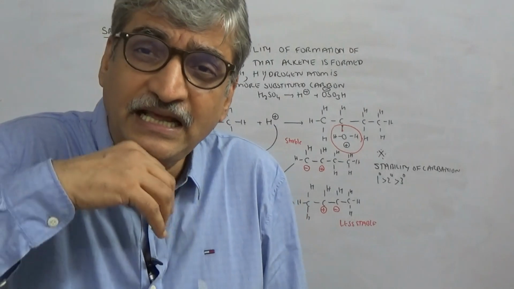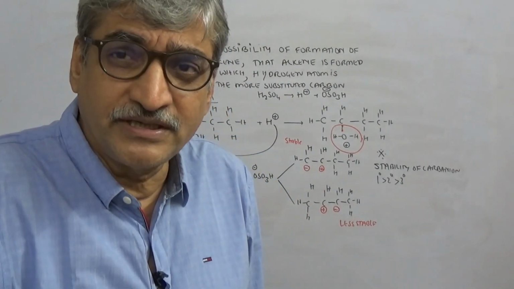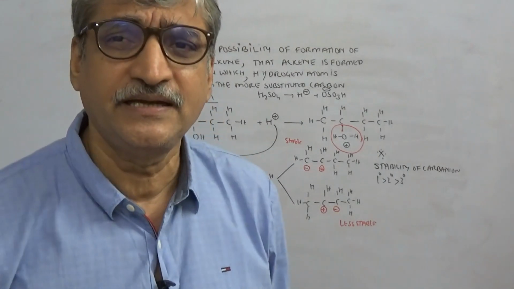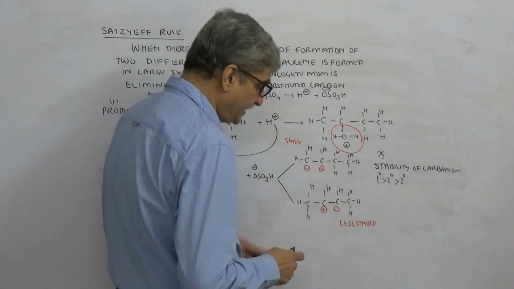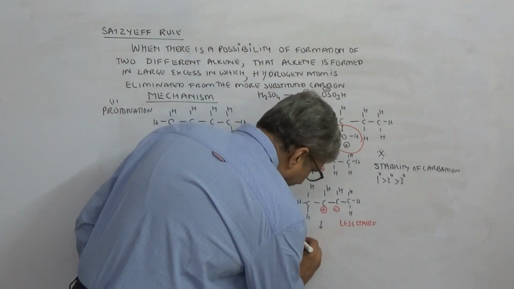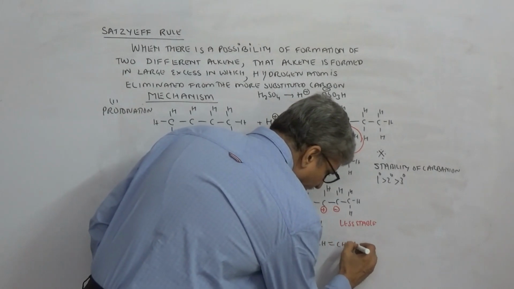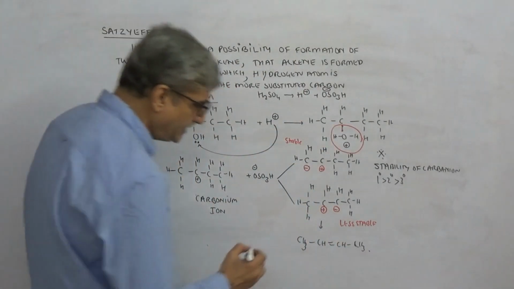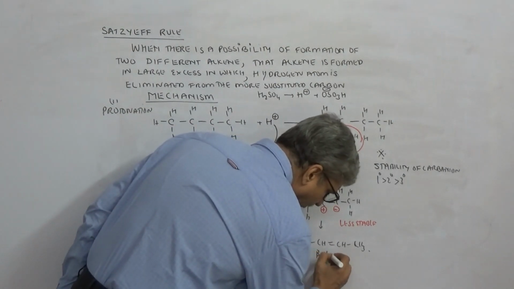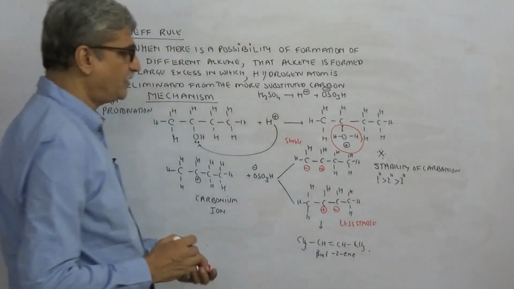The secondary carbanion is more unstable, so it loses electron much more easily and restores the pi bond, and therefore you get 2-butene as a major product. So that gives rise to CH3, CH double bond CH, CH3. That is butene. Is this point clear?